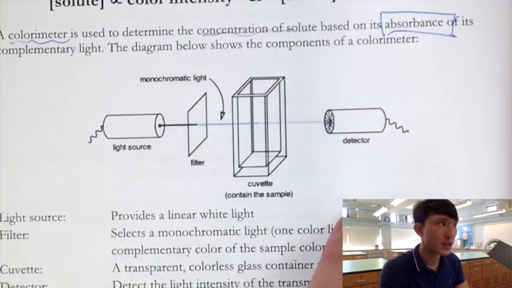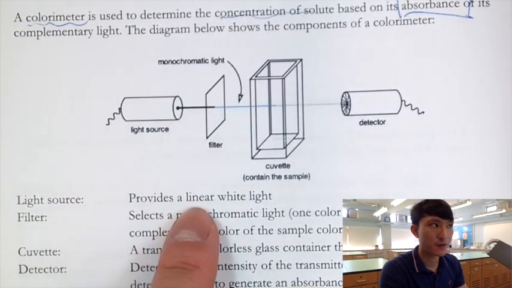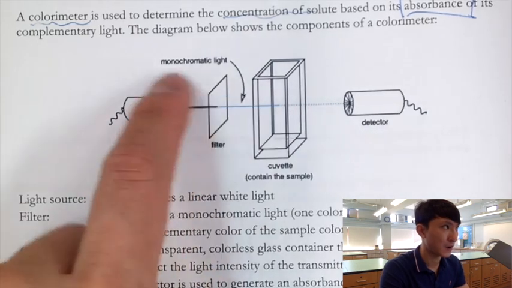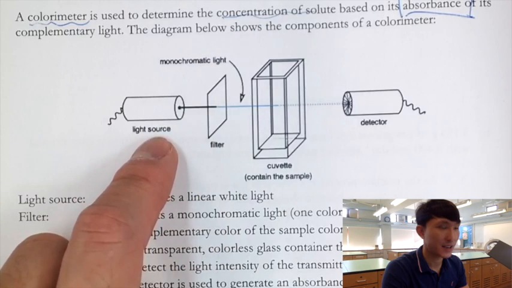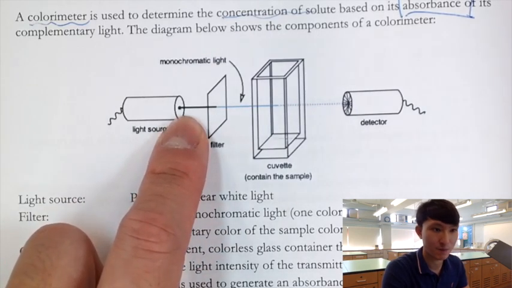There are a couple of parts. So the first part is a light source. Now the light source provides a linear white light. Of course, if you have a light source that is already able to provide a linear light, then that would be fine.